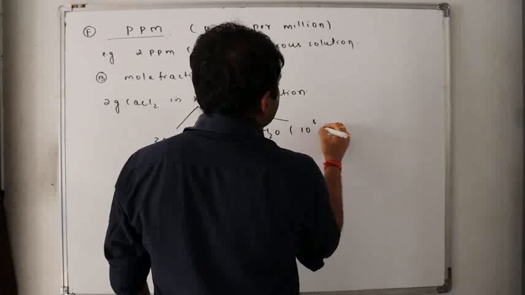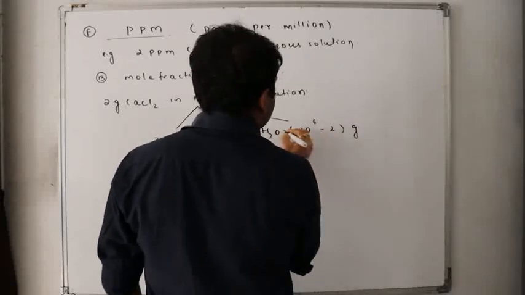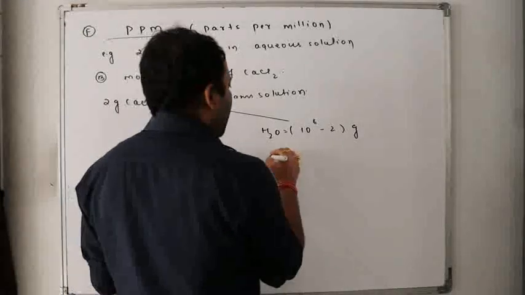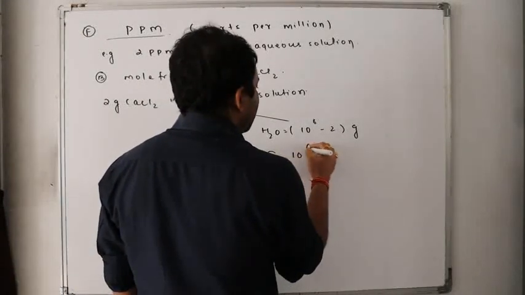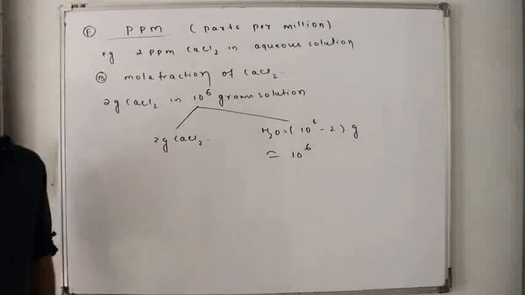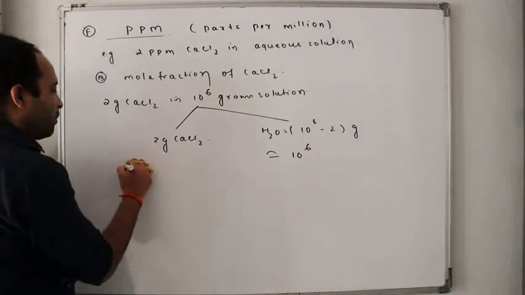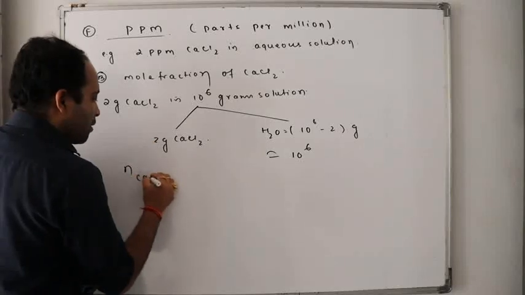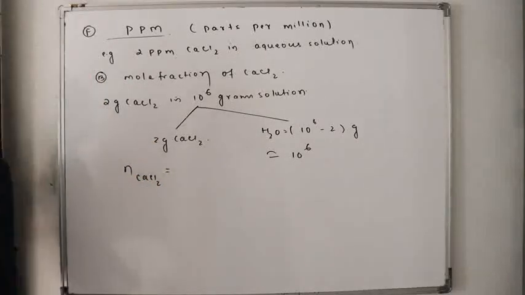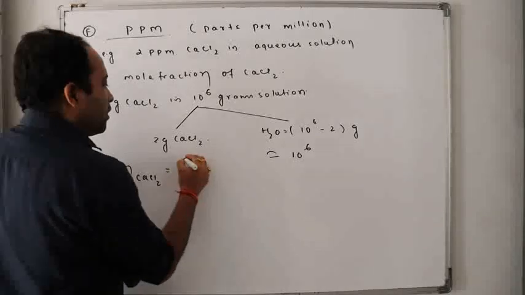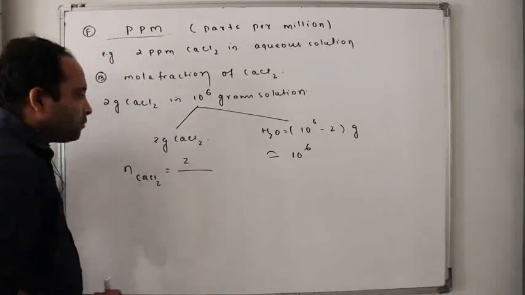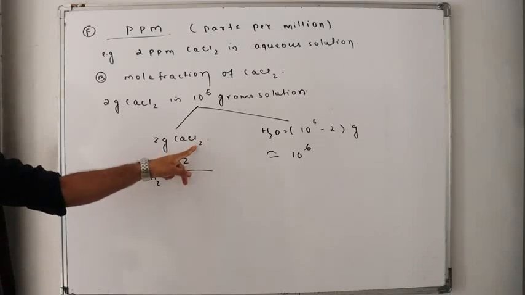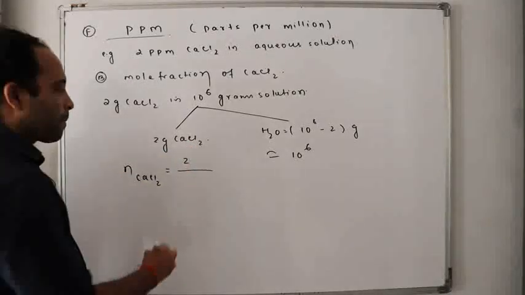Is it 10 to the 6 minus 2 grams? Or that can be approximately written as 10 to the 6 only? Yes or no? So, what is the number of moles of CaCl2? Is it 2 by 40 plus 71, or it comes to 111, isn't it?